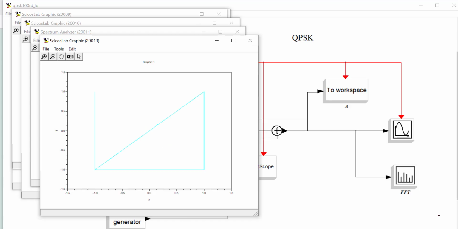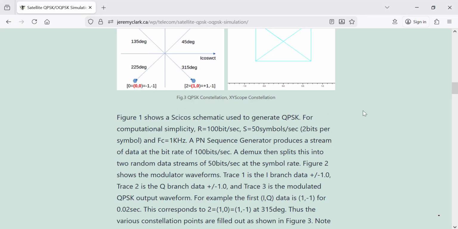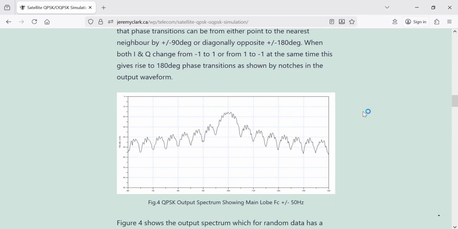All right, so let's go back to the blog post. Incidentally, this is the spectrum. The output spectrum, the main lobe is sine x over x, and it goes from minus 50 hertz to plus 50 hertz. So basically the bandwidth is actually 100 hertz, or equal to the bit rate here for QPSK.